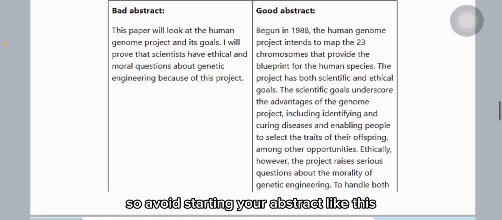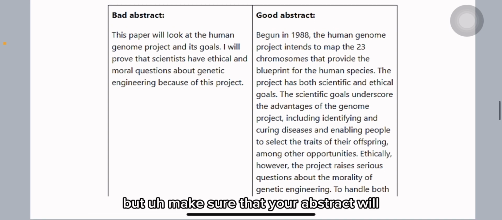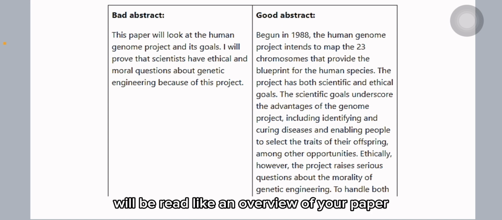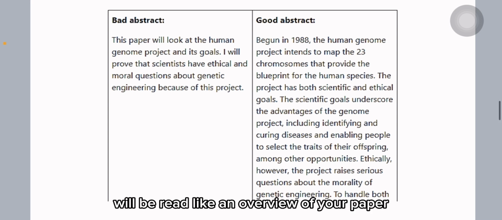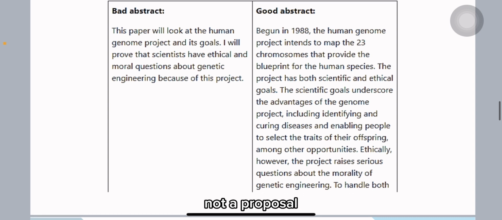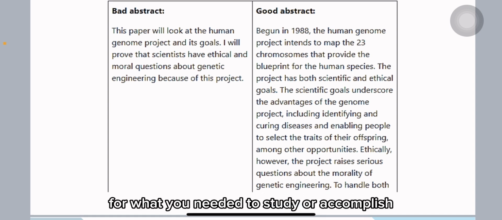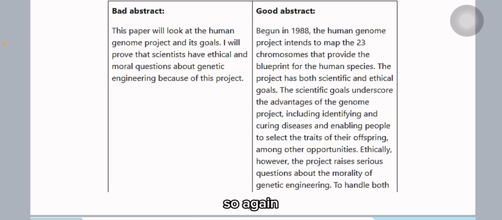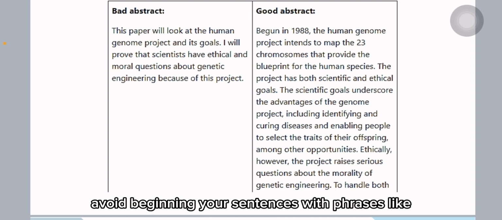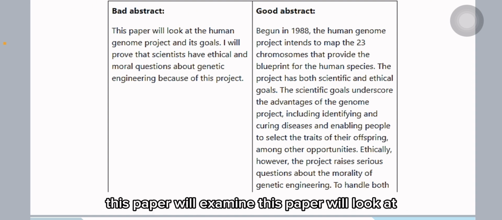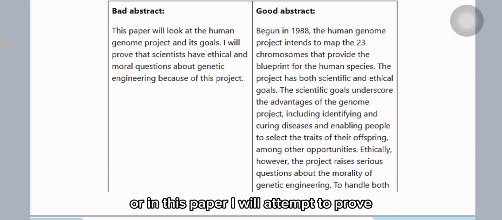So avoid starting your abstract like this, but make sure that your abstract will read like an overview of your paper, not a proposal for what you needed to study or accomplish. So again, avoid beginning your sentences with phrases like this paper will examine, this paper will look at, or in this paper I will attempt to prove.